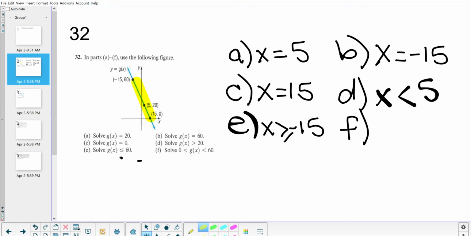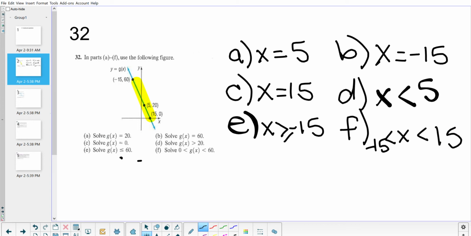Since we're not including any of the y values, we're not including any of the x values. That is when x is greater than the x value negative 15. You always go in order from smallest to largest when you write a compound inequality, but less than the x value 15.